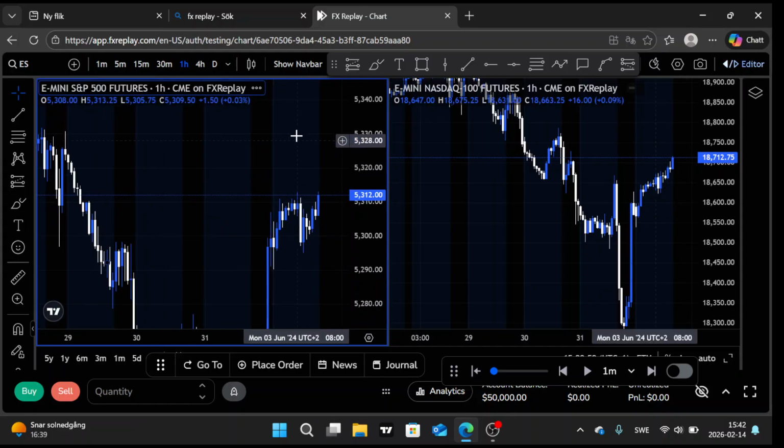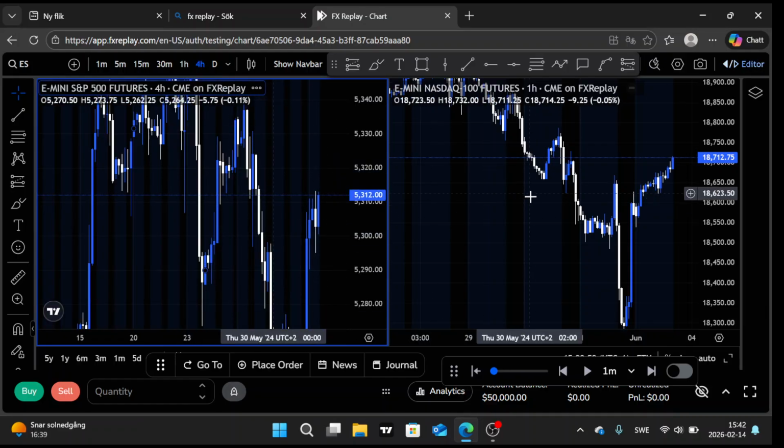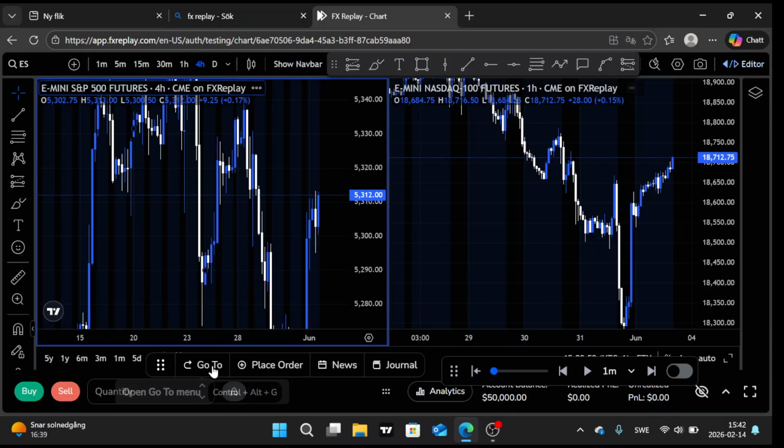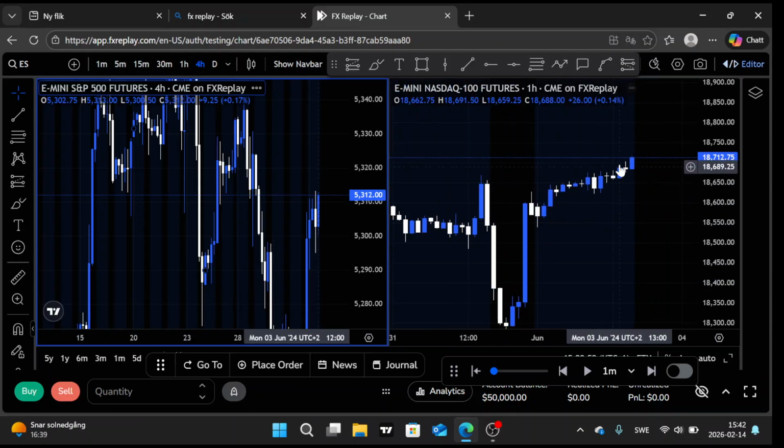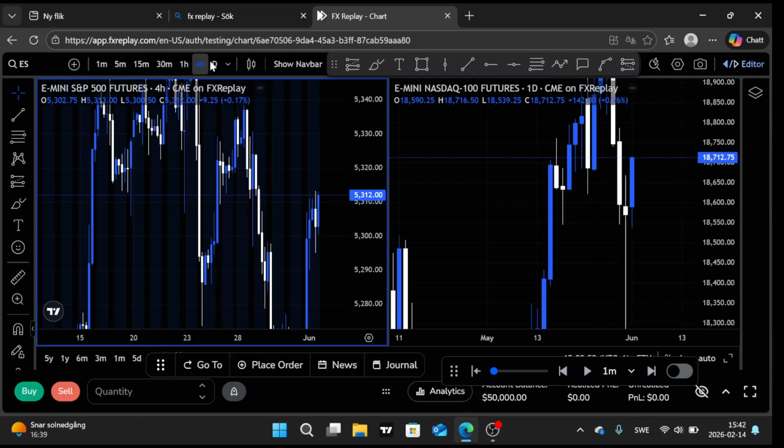This is the 1 hour time frame, but we need to go. I already went through the New York session earlier. So here we go. This is the 4 hour time frame, and this also should be 4 hour, maybe daily.